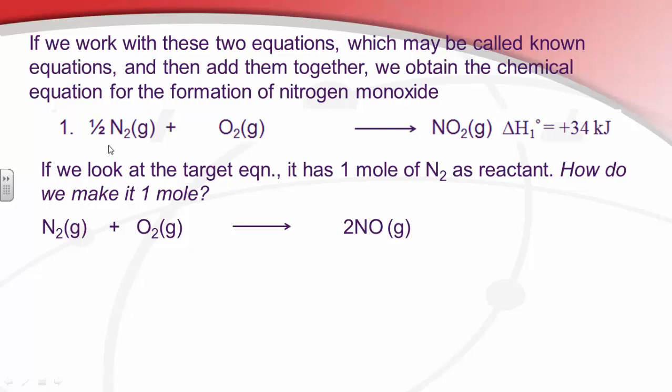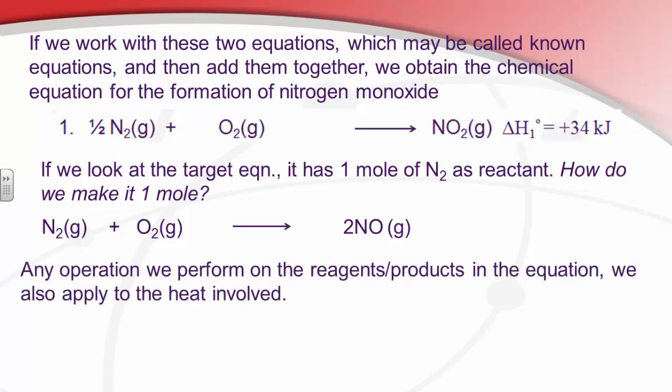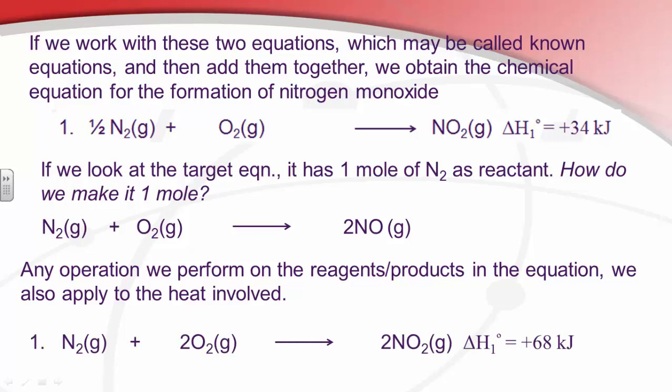So how would we modify this in order to get it to 1 mole of nitrogen? Well, it's pretty simple. We multiply it by 2. Now, if we're going to multiply that equation by 2, we also have to multiply the energetics, the enthalpy, by 2. And so the net result is 2 times a half is 1 mole of nitrogen, 2 moles of oxygen, 2 moles of nitrogen dioxide, and 68 kilojoules.